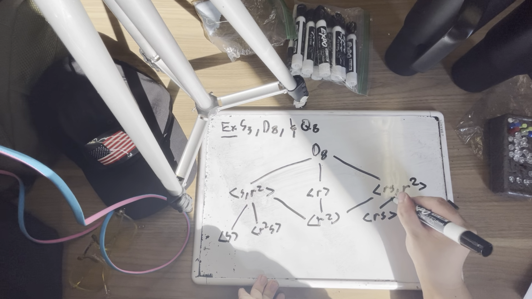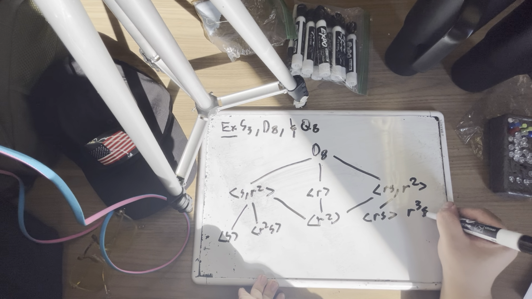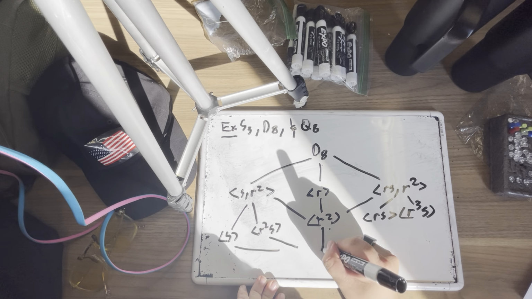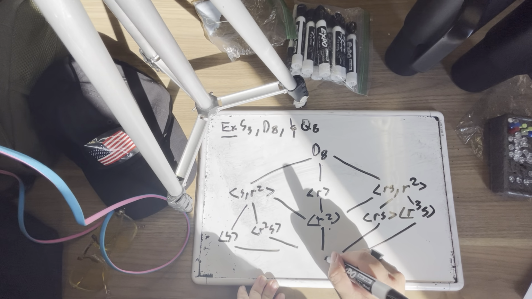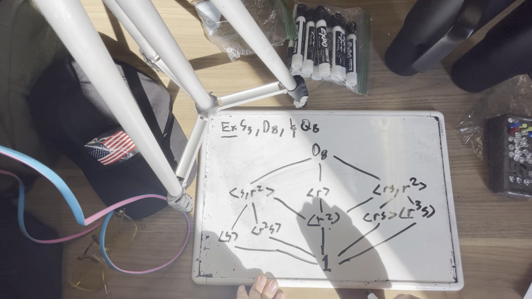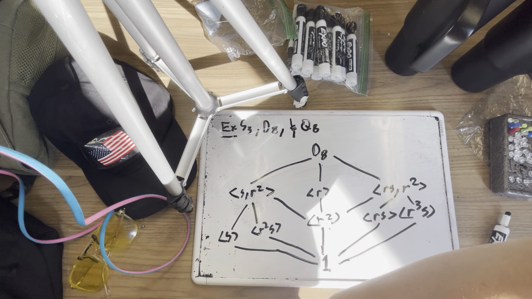And the subgroup generated by RS, the subgroup generated by R cubed S, right? And all of these have their own line to the identity element. So that's pretty cool. I think that one's definitely one of my favorites.